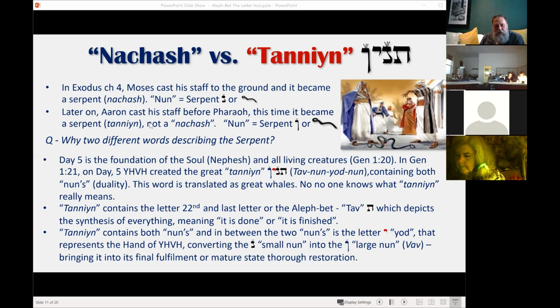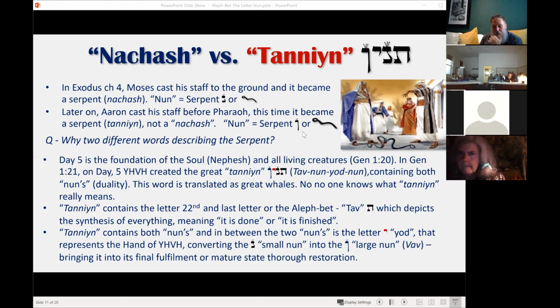But later on, Aaron cast his staff before Pharaoh and his magicians, and his staff became a serpent. But when you look at the Hebrew, it's the word Tanin, which is Taf, Nun, Yod, Nun. So we see the two Nuns there with the Yod in the middle, and it starts with the letter Taf. And this is a greater serpent than Pharaoh's serpent. So we can see the small Nun and the large Nun, the small serpent and the large serpent.